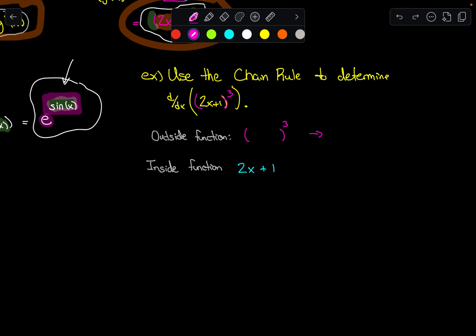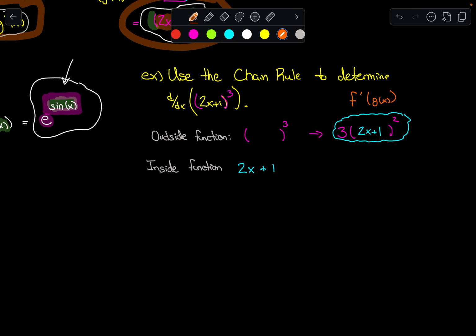This just becomes 3 multiplied by all that stuff raised to the second power. Now, what goes in here? It's the same thing that was already there. We don't touch it. It's the 2x plus 1. This thing that we just did is the derivative of the outside function, and whatever was on the inside just goes on the inside. So that's that part of the chain rule.